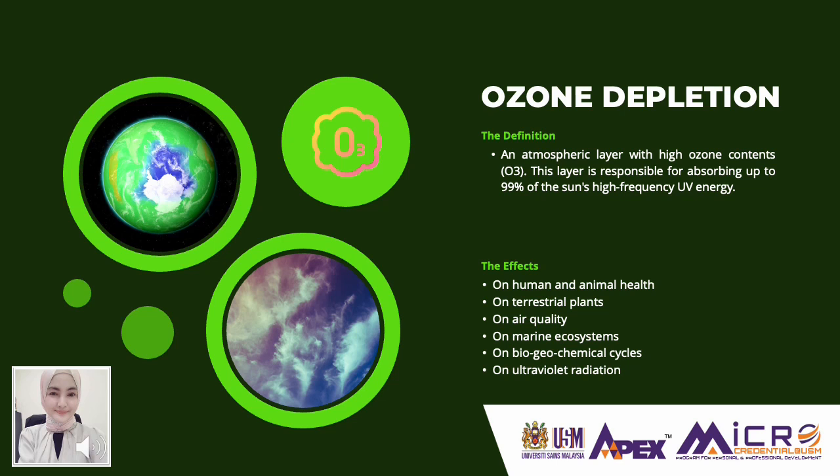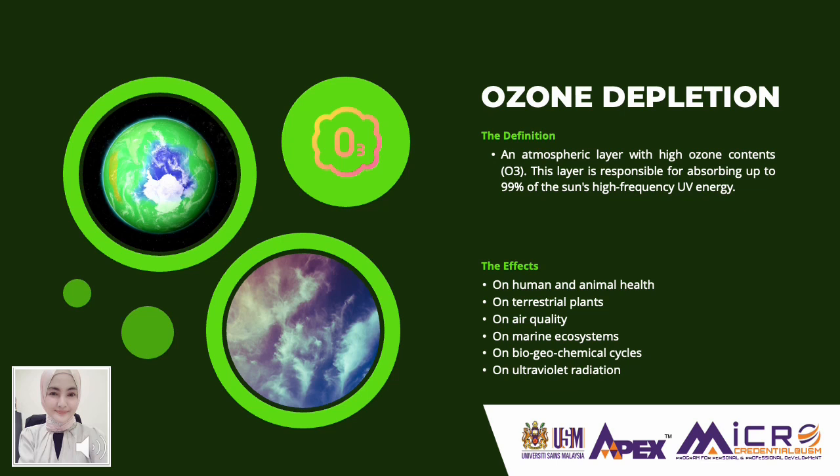Alright, for ozone depletion, the ozone layer is defined as an atmospheric layer with high ozone content, and this layer is responsible for absorbing up to 99% of the sun's high-frequency UV energy. Given the vast number of opportunities to harm life on Earth, this is relatively insignificant.